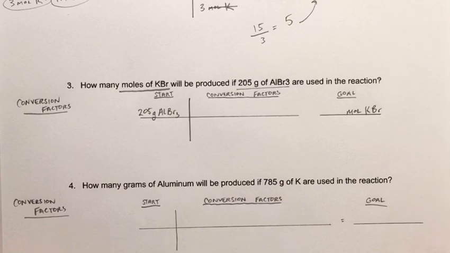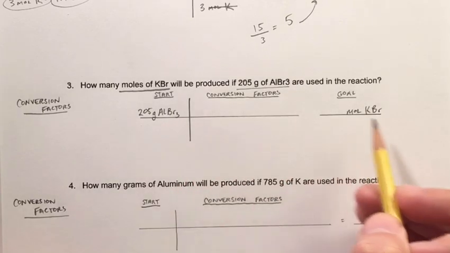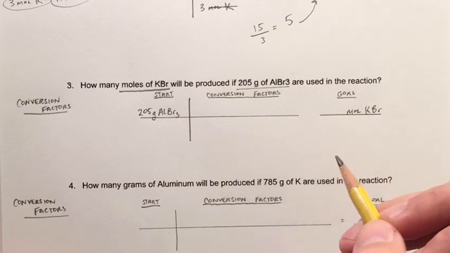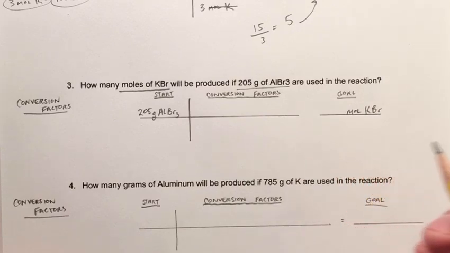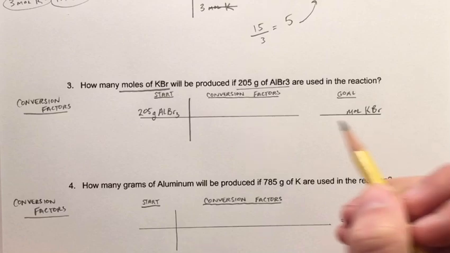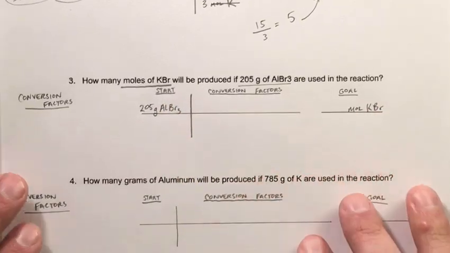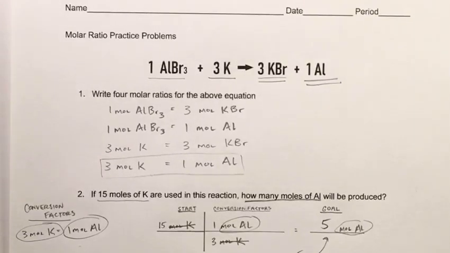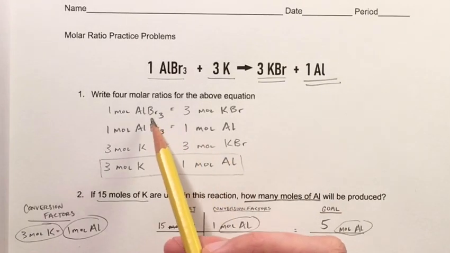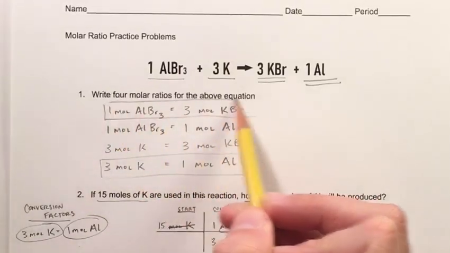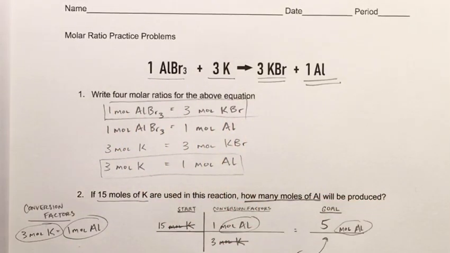Let's check if we need a molar ratio. We compare the two formulas, AlBr3 and KBr. They are not the same formula. So I will need a molar ratio. I'm looking for one that has AlBr3 and KBr. If I go back to the ones I made in the beginning, AlBr3, KBr, so I will use this molar ratio in this problem.